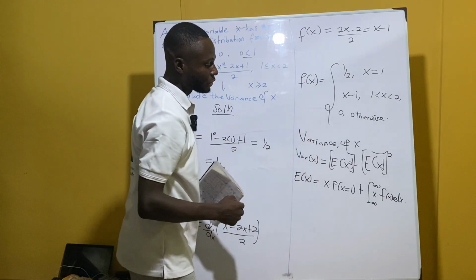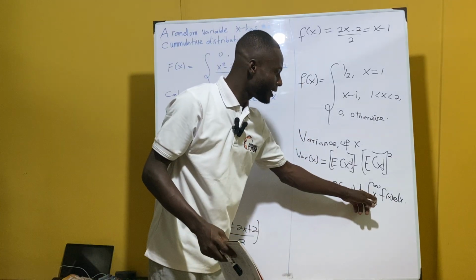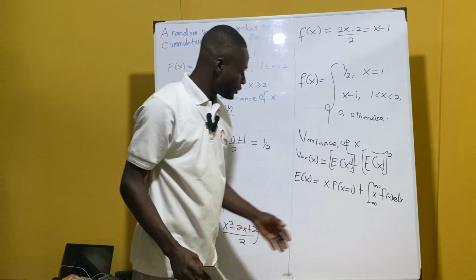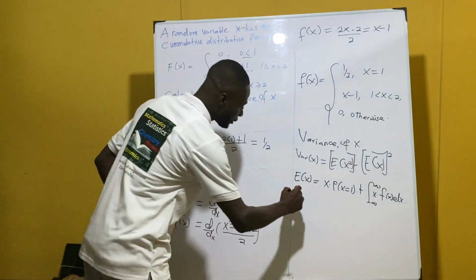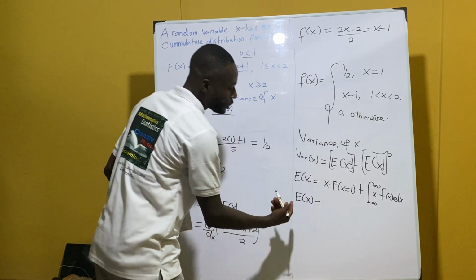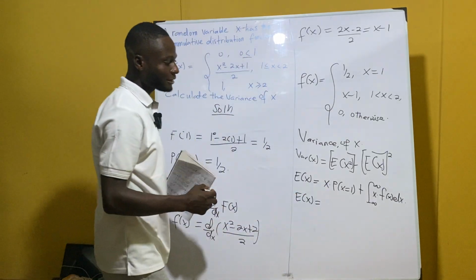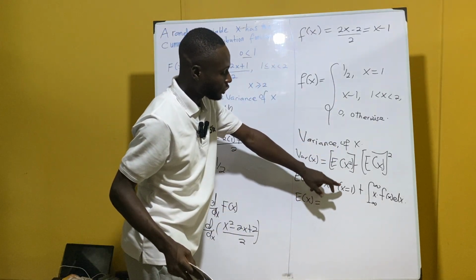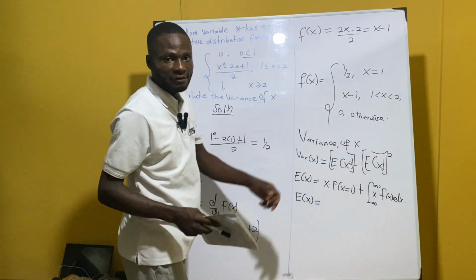The continuous case, which is going to be x times the function of x, right? So here we have the expectation of x equals... we know that when x equals 1, the probability is what? Half, right?